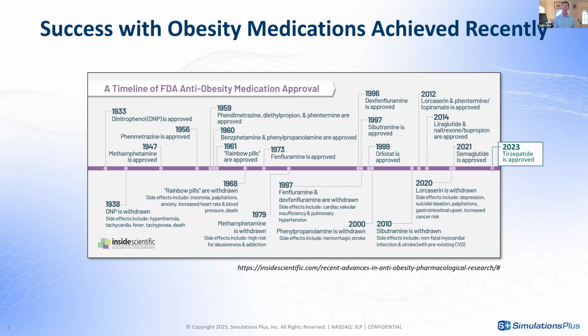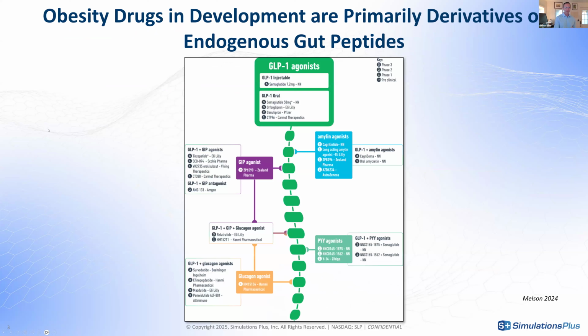Again, this is a welcome development. As this nice Inside Scientific visual provides, we went decades without success in this area, and now we do. So again, super exciting, with a great potential for impact, both for patients and on the business side, of course.